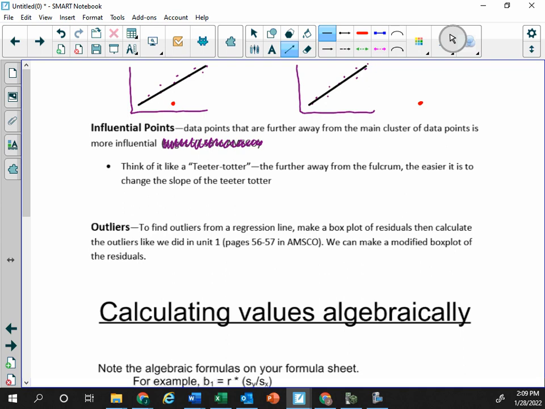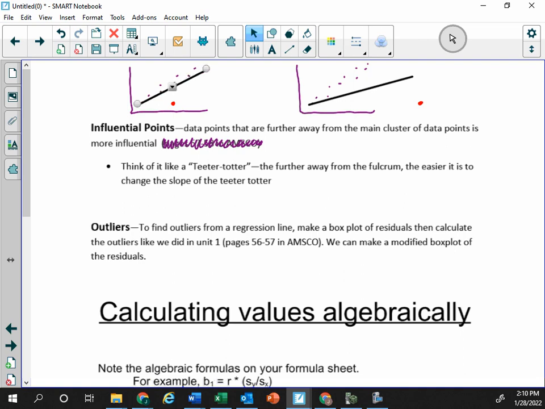The second one, yeah. I say in here, think of it like a teeter-totter. When you're further out, it's like physics. You have more force that you can apply here. So this red dot being out here is going to cause this regression line, the slope, to dramatically change to try to account for that one. Whereas this one, yeah, it's far away from the regression line, but it doesn't fit the pattern.